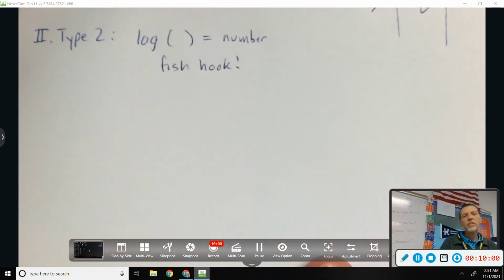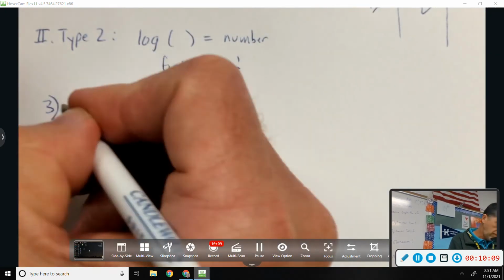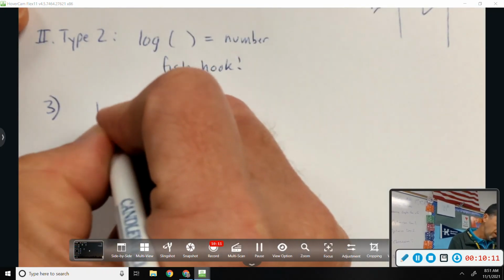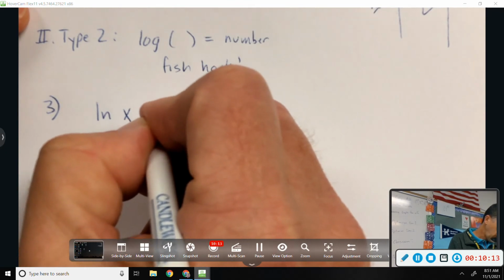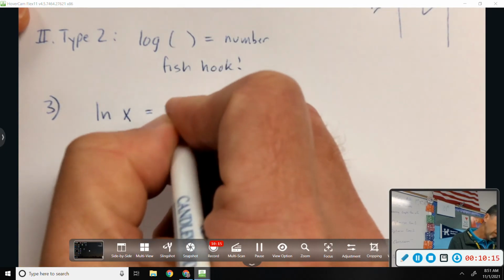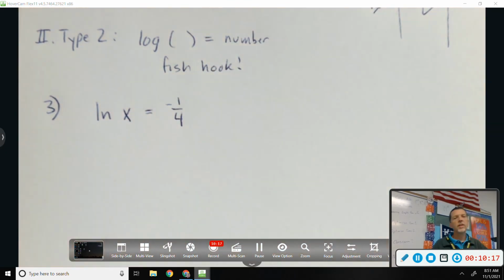For these, we're going to fish hook them to make them not log equations. We'll fish hook them into exponent equations. I'll show you what I mean. Natural log of x equals negative 1/4. Okay, definitely not a type 1 equation where you can just cancel the logs. Bring e down to the lower part and just fish hook it.